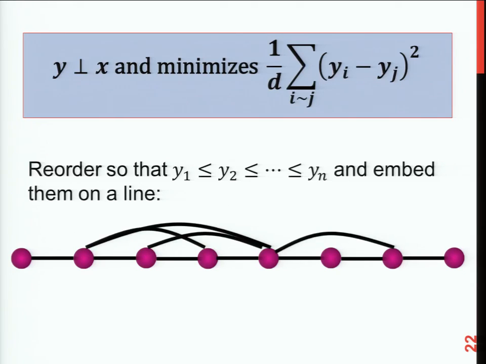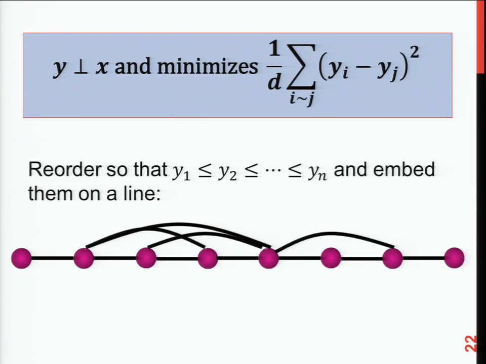Suppose y1 is less than or equal to y2, less than or equal to y3, and so on, less than or equal to yn. I have just reordered the numbering on the vertices to make sure that this is true. And now let us say I view the nodes in that order.